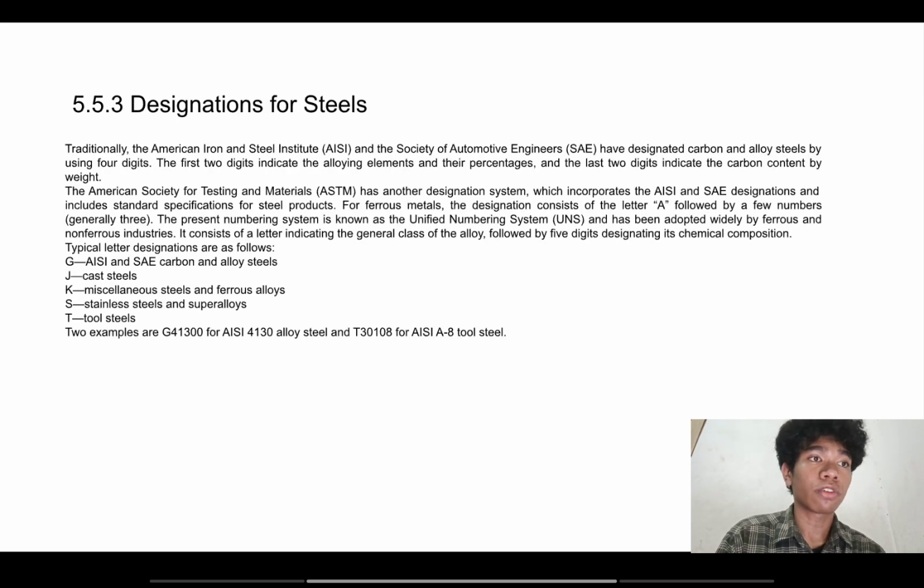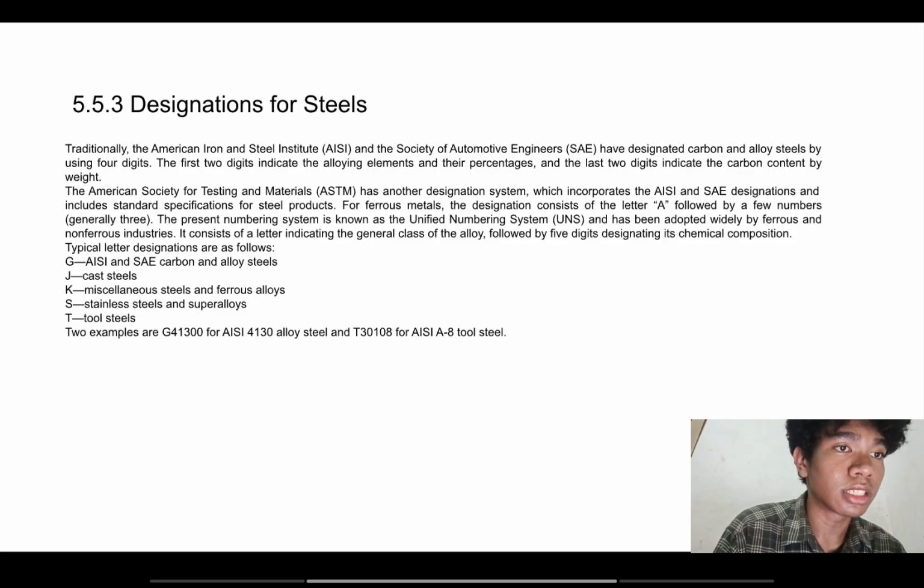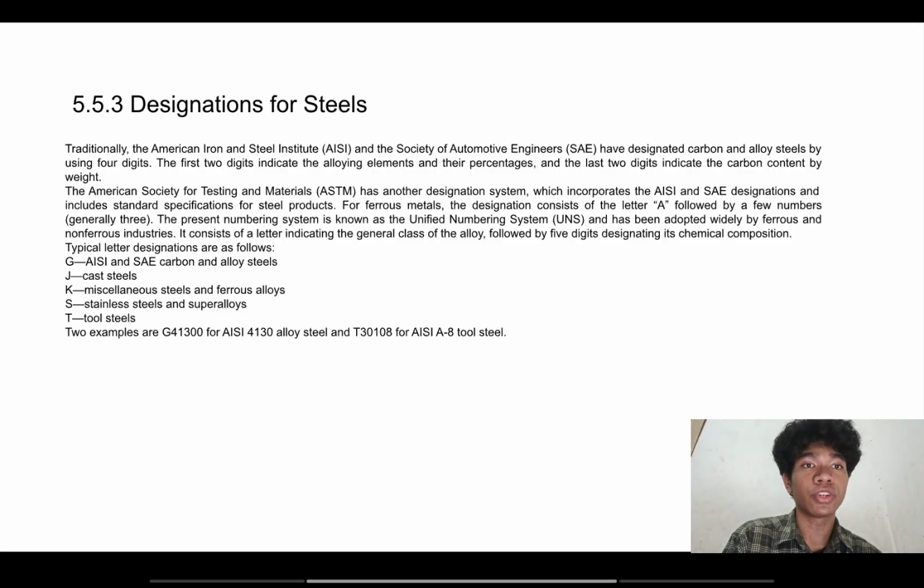Okay, so for the designation of steel, in America the American Society for Testing and Materials, or ASTM, has a designation system which is called AISI and SAE, and this is the designation followed. The present numbering system is known as UNS and has been adopted widely by ferrous industries.